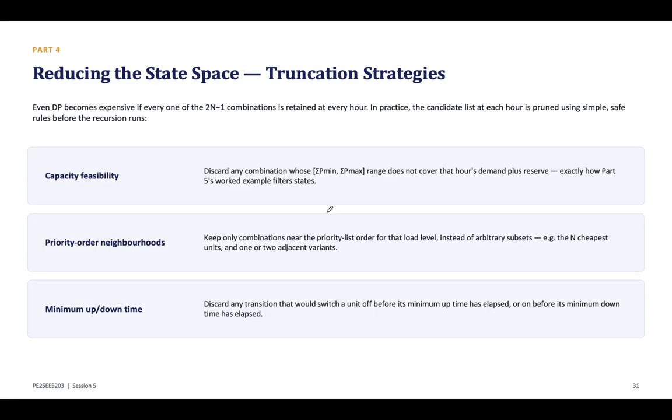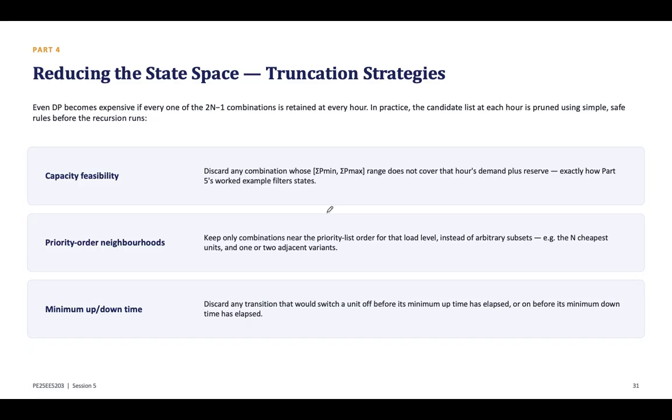So, truncation strategies for reducing the state space. See, dynamic programming is powerful, but it is not immune to the growth of the state space. If every possible combination of units is retained at every hour, the number of states can still become impractically large.